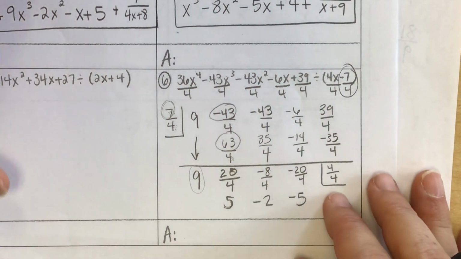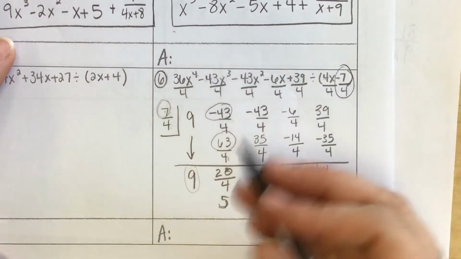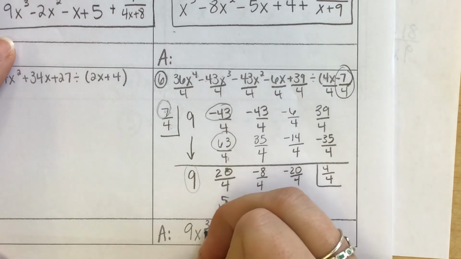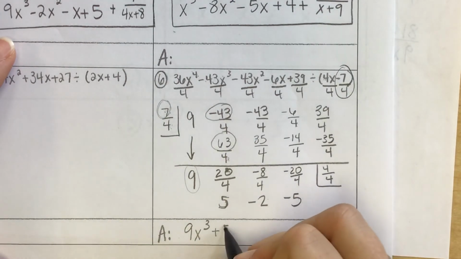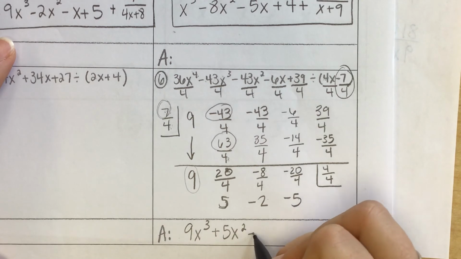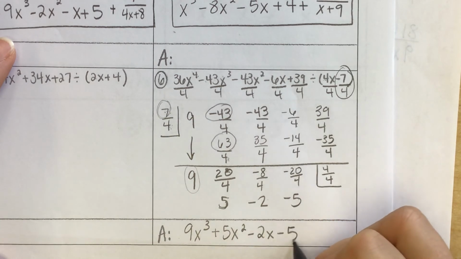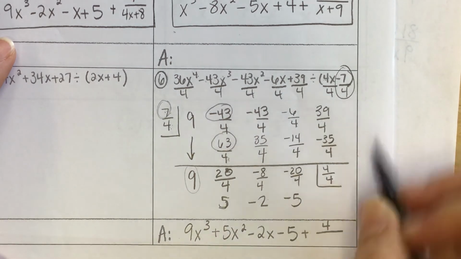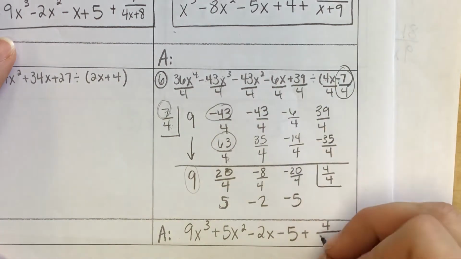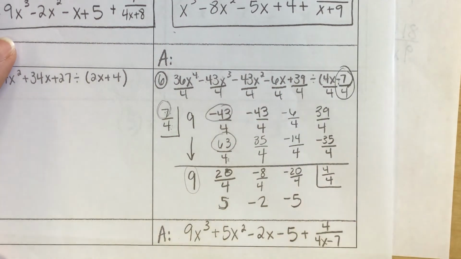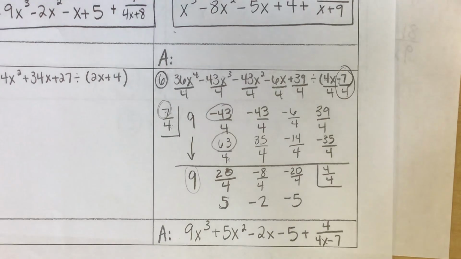All right, so then to write my answer, my problem started with x to the 4th, so my answer starts with x to the 3rd plus 5x squared minus 2x minus 5 plus 4 over the original thing that we were dividing by, 4x minus 7. Now, a couple things really quickly.